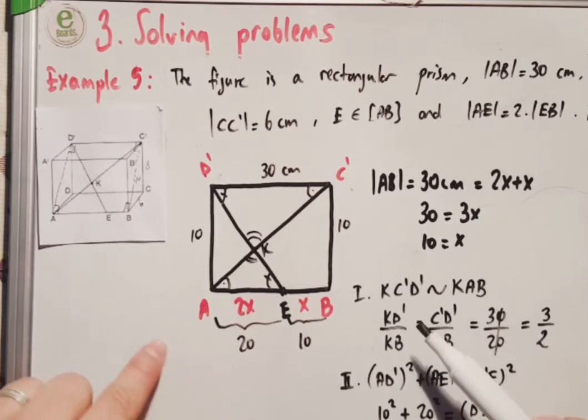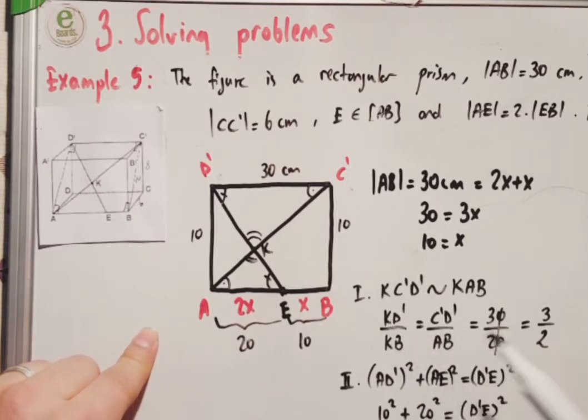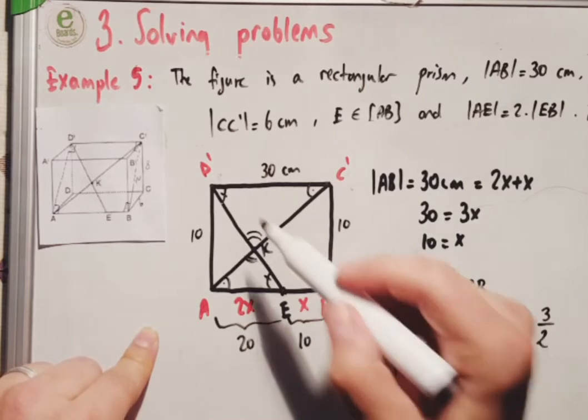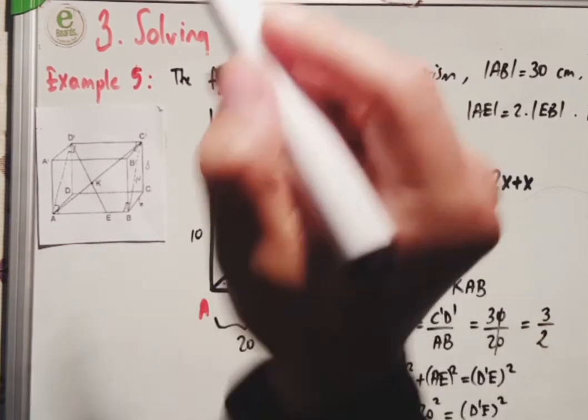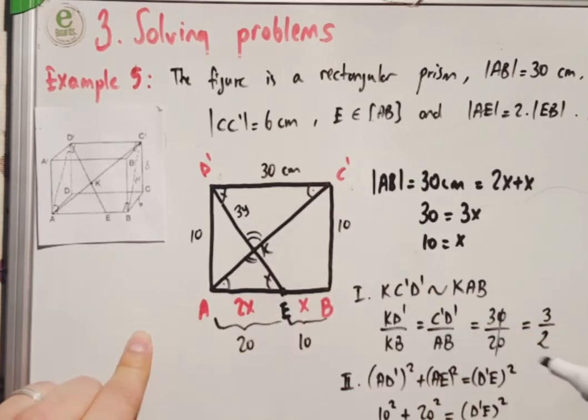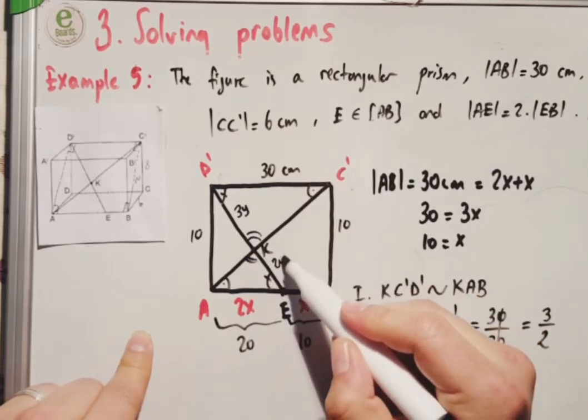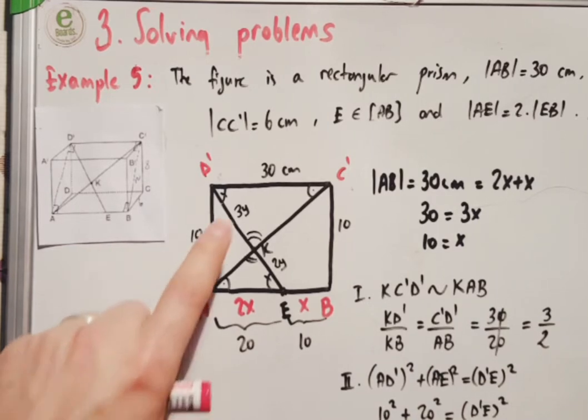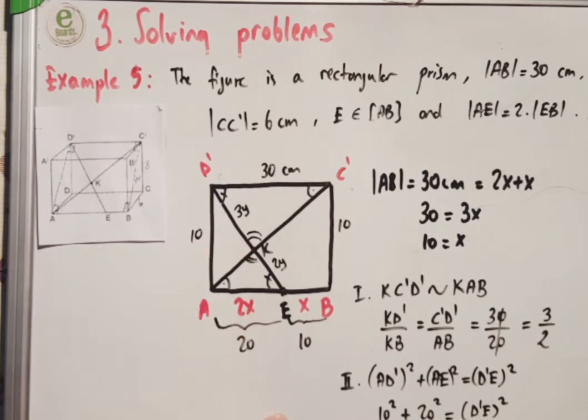But we have a ratio between KD1 and KB of 3 over 2. So if KD1 is 3y, KB is going to be 2y. 3y plus 2y will give us the length of D1E, which means 10√5. So 10√5 is equal to 5y. 2√5 is equal to y.